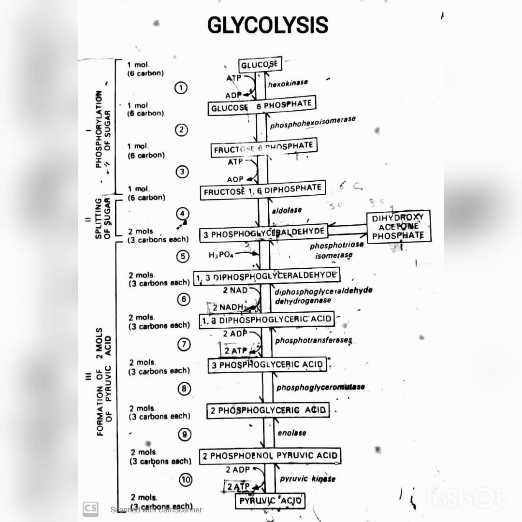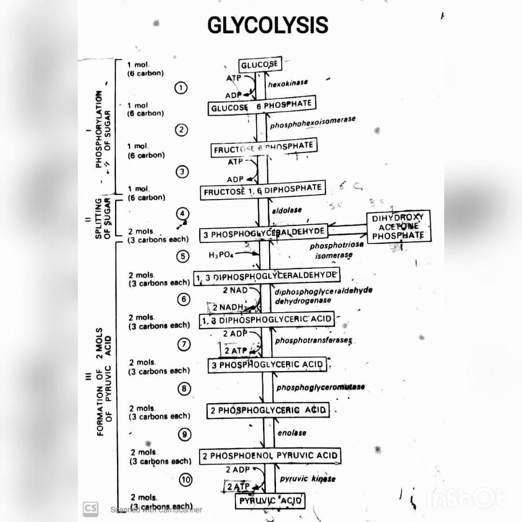Because 2 molecules of ATP are consumed in phosphorylation reactions, that is at step number 1 and 3, during glycolysis there is a net gain of 2 ATP molecules. 4 ATP minus 2 ATP is equal to 2 ATP.